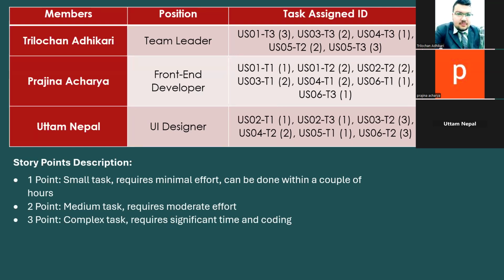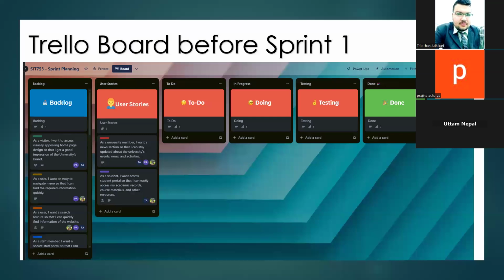Instead of using the number of tasks to assign to each member, we are assigning team members tasks according to complexity. As we can see, there are differences in the number of tasks assigned to each member, but the story points are the same. According to the story points, we believe that we have fairly distributed the tasks to each member.